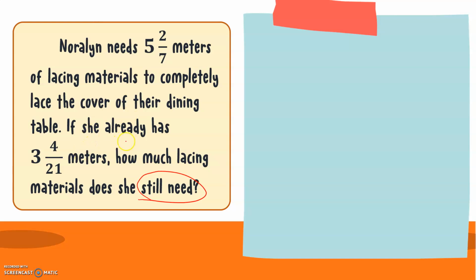What she needs is 5 and 2/7 meters, but what she only has is 3 and 4/21 meters. Therefore, we will use subtraction. So our equation now will be 5 and 2/7 minus 3 and 4/21.